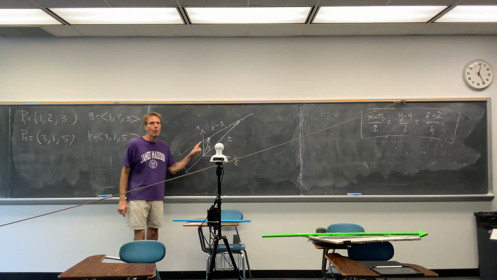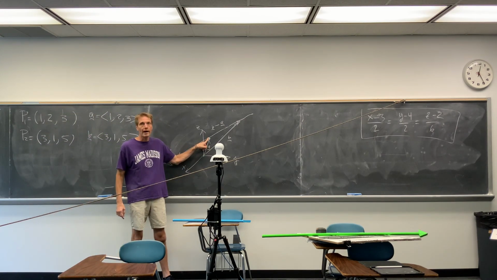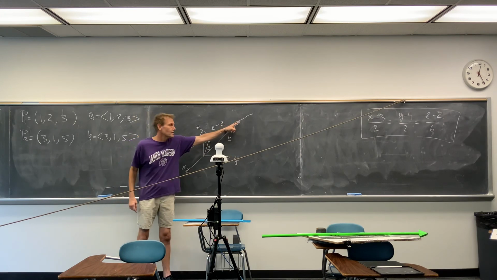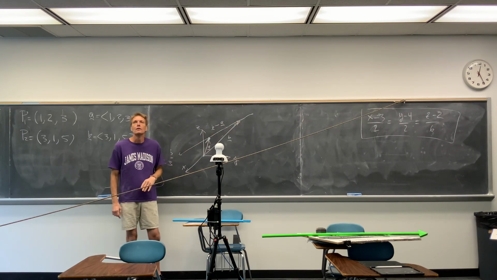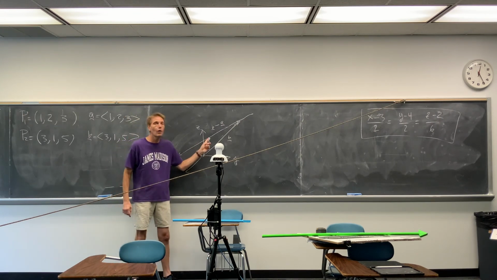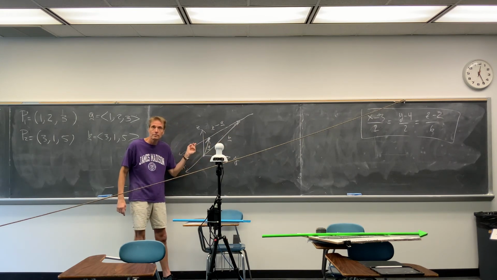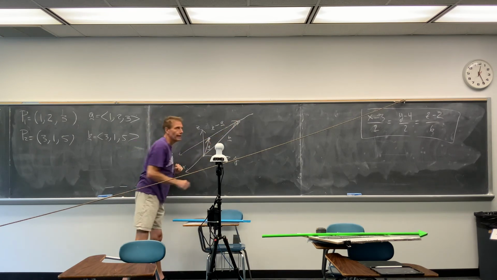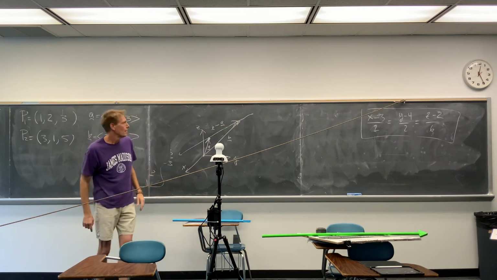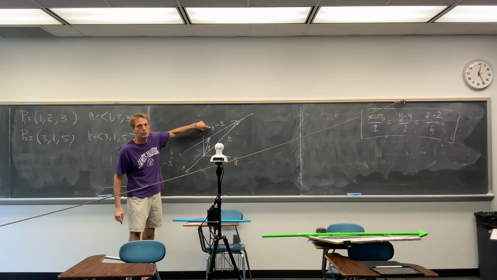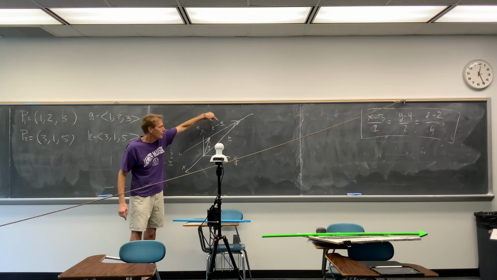Does the arrowhead go on this side where A is, or that side where B is? Which side does the arrowhead go on the vector? It's there. It always points to the guy that you're not subtracting.